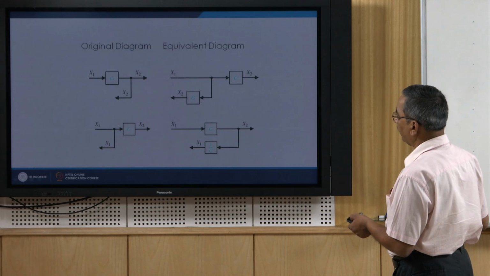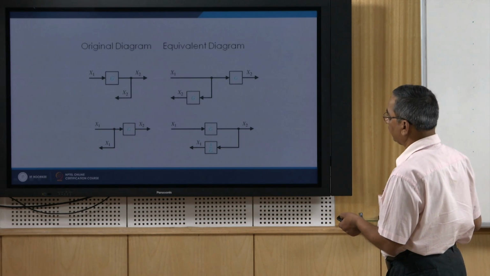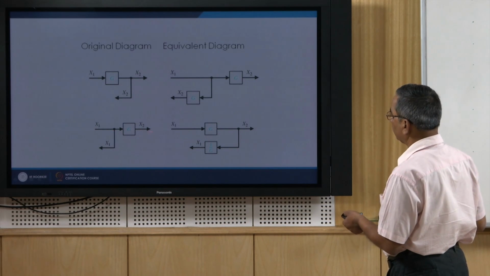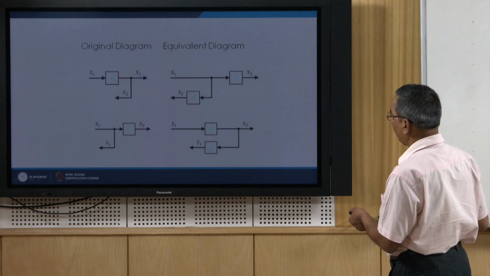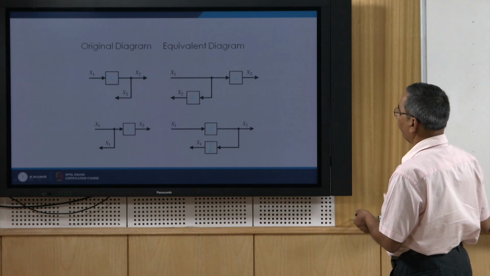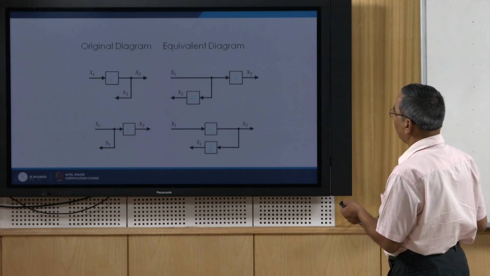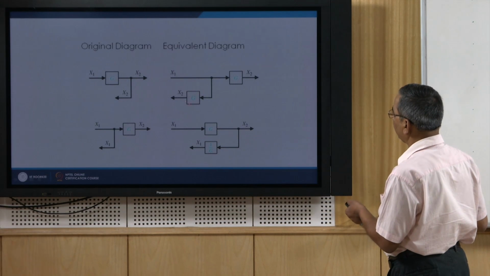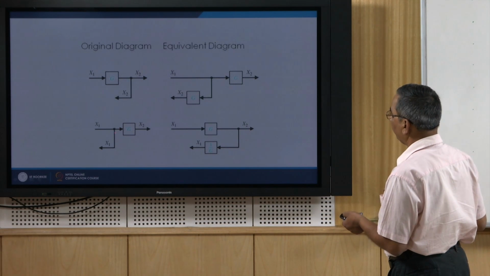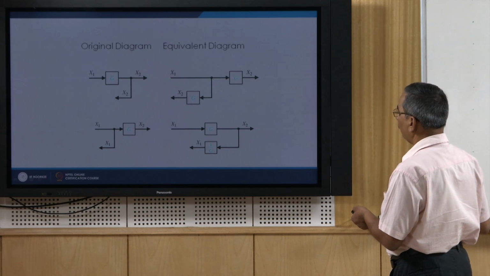Similarly, suppose you have a tapping point before this block, and you want to take it after this block. Then again you have to introduce one block with transfer function 1 by g here. So, if you are taking this point back, then the transfer function has to be g, and if you are taking it ahead, then the transfer function has to be 1 by g.